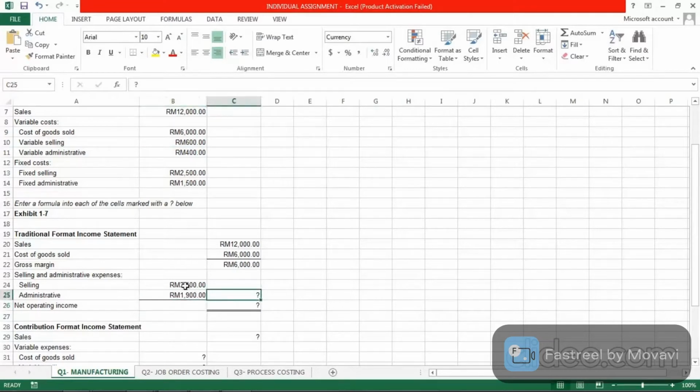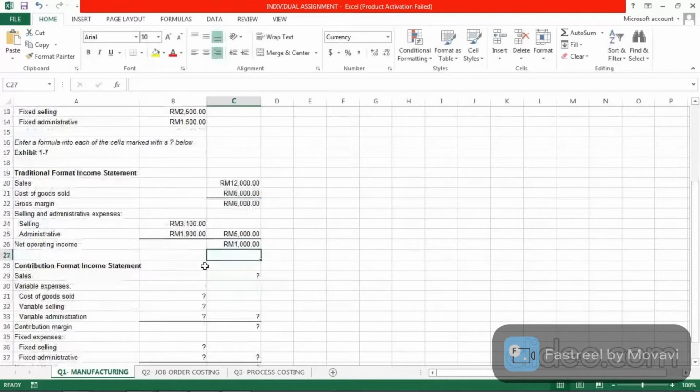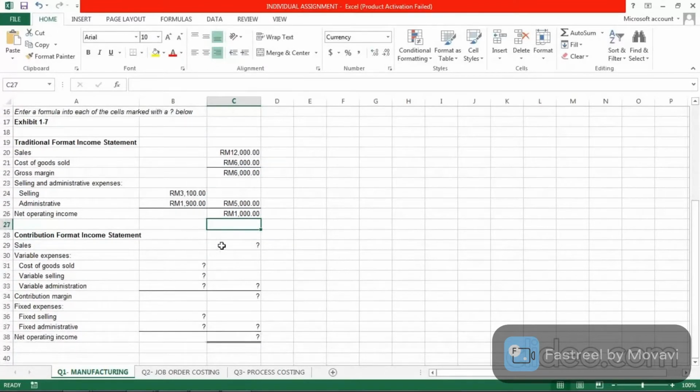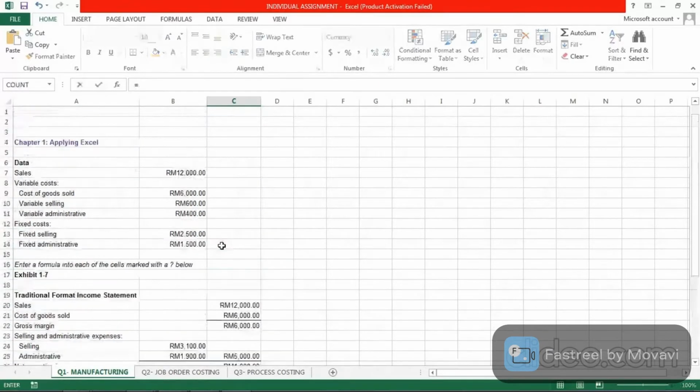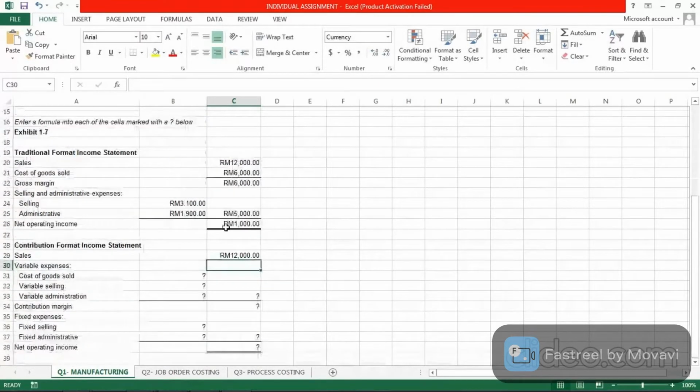For total selling and administrative expenses, we add these two figures. We got 5,000 here. For net operating income, gross margin minus total selling and administrative expenses 5,000, and then we get 1,000.